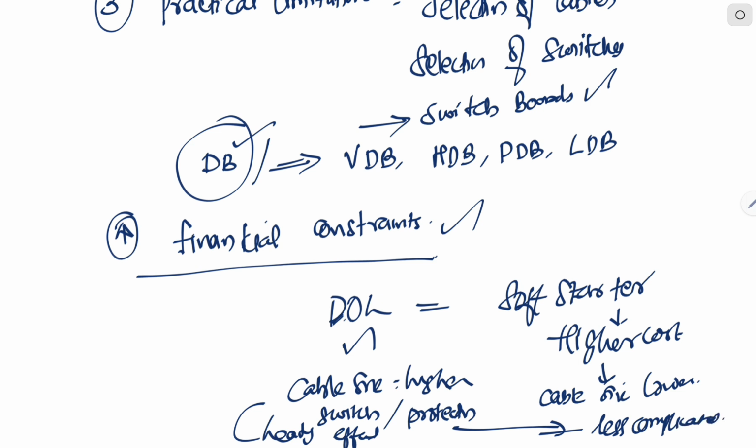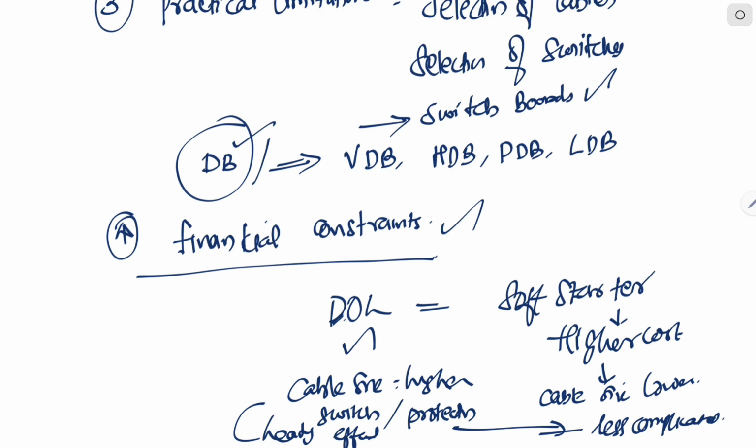So the financial constraints and financial matters come into consideration. So depending upon the financial capacity of the owner of the installation, we can select the type of starters or we can provide further protection mechanisms, everything.